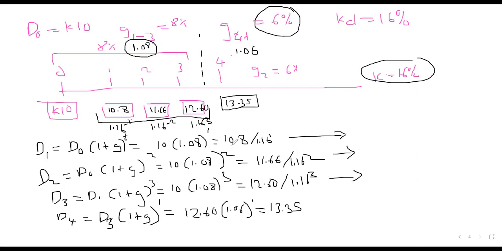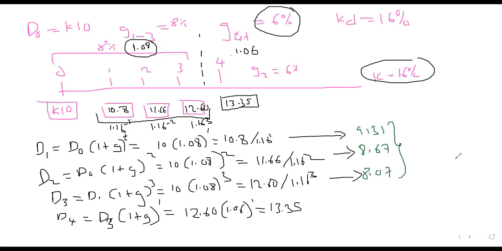So 10.8 divided by 1.16 to the power 1 is actually 9.31. 11.66 divided by 1.16 to the power 2 is 8.67. 12.60 divided by 1.16 to the power 3 is 8.07.